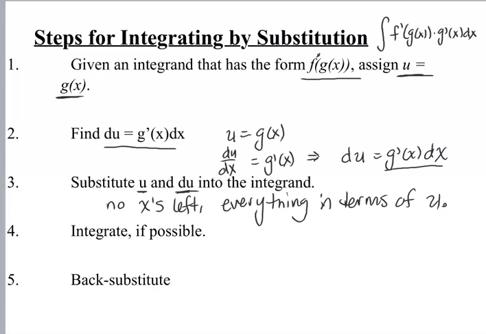But if I am allowed to integrate there, then I have an integral in terms of u, not x. So at that point, I need to back substitute. So I need to recall that u is equal to g of x, and I need to use that knowledge to rewrite the integral in terms of that. Okay?